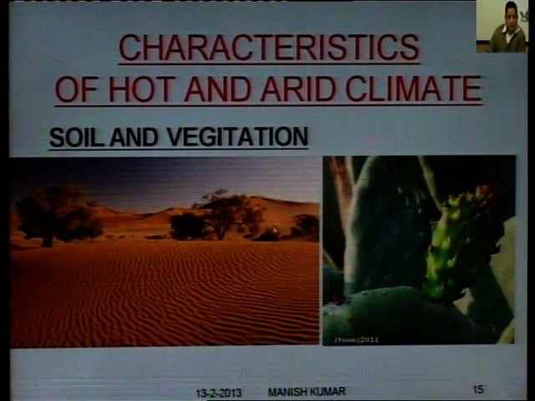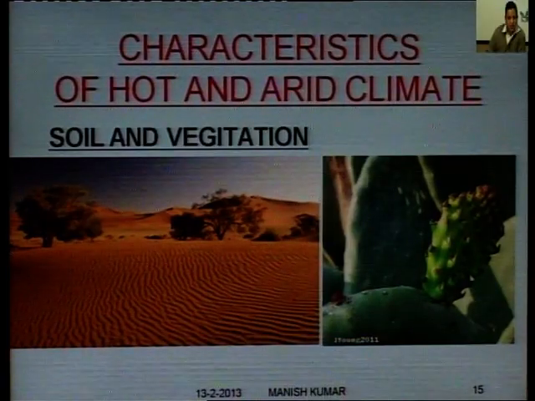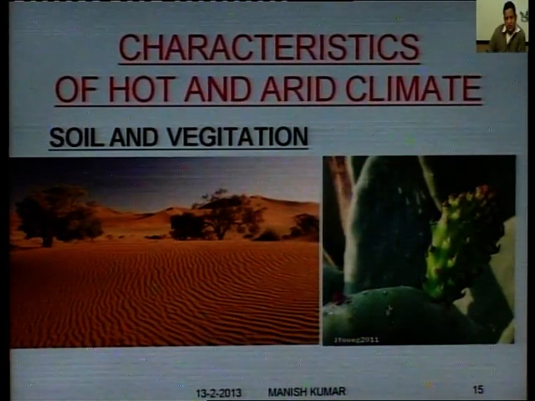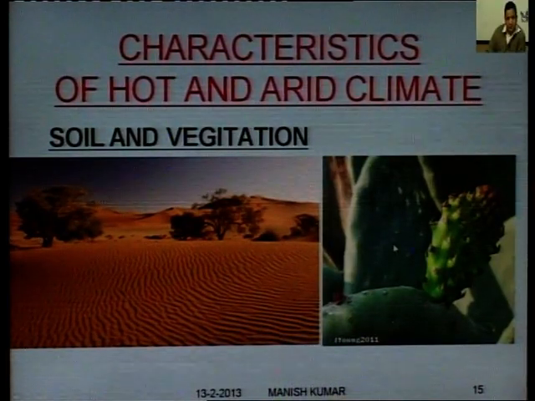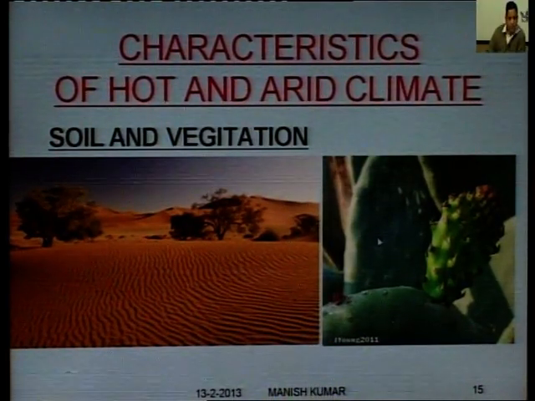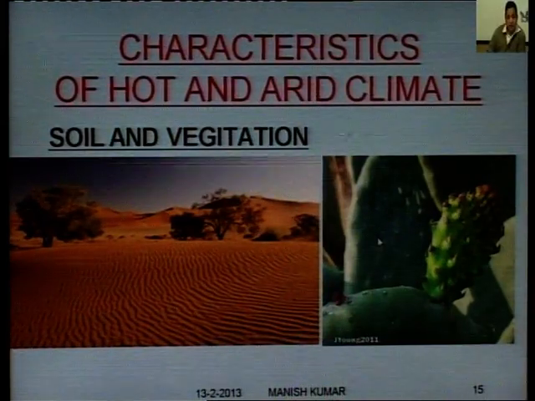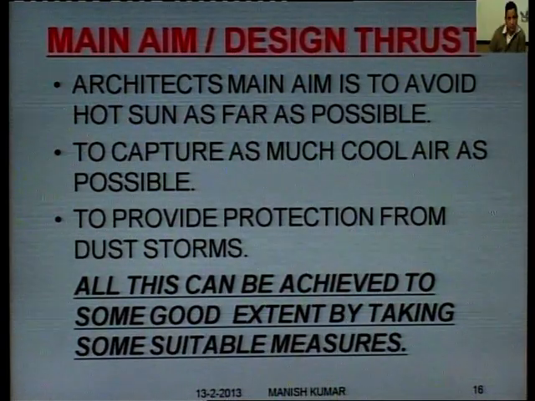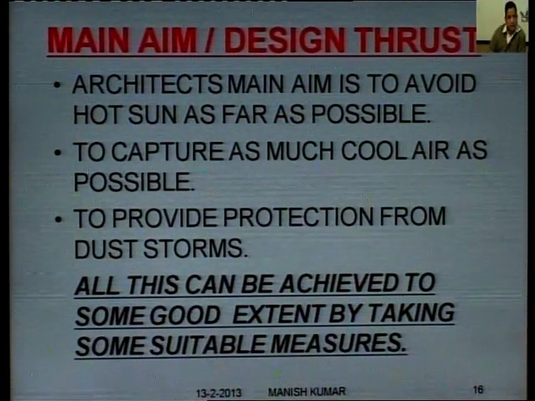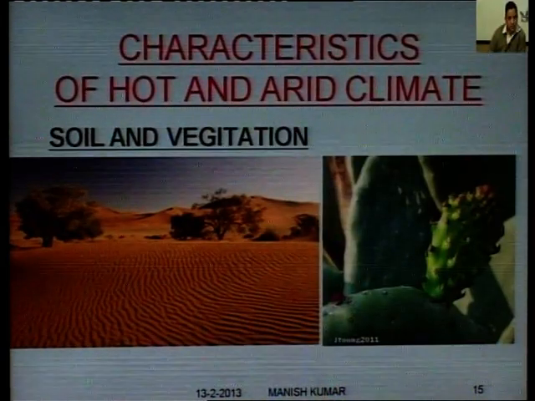We can see vegetation is very less, and this is the kind of vegetation which survives here. We can see thick leaves which help in keeping the moisture intact. So these were the characteristics of hot and arid climate.